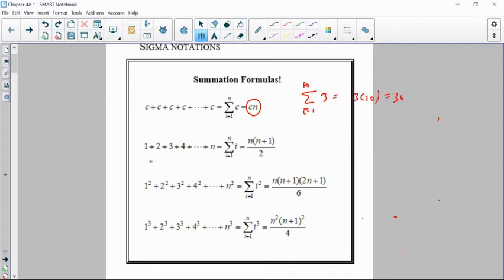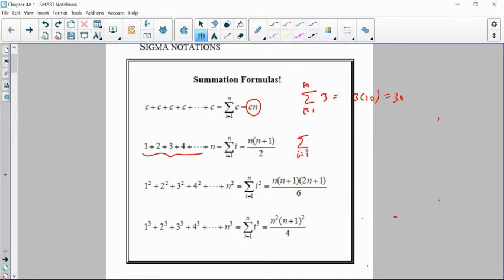Now, if you have consecutive integers, and this is where last year in honors pre-calc, I talked about Gauss, who was like 10 years old and was able to add up a whole bunch of numbers right away, and really made his fifth grade teacher mad. Let's say I wanted to add up the first 100 numbers. I think that was Gauss's problem as well.